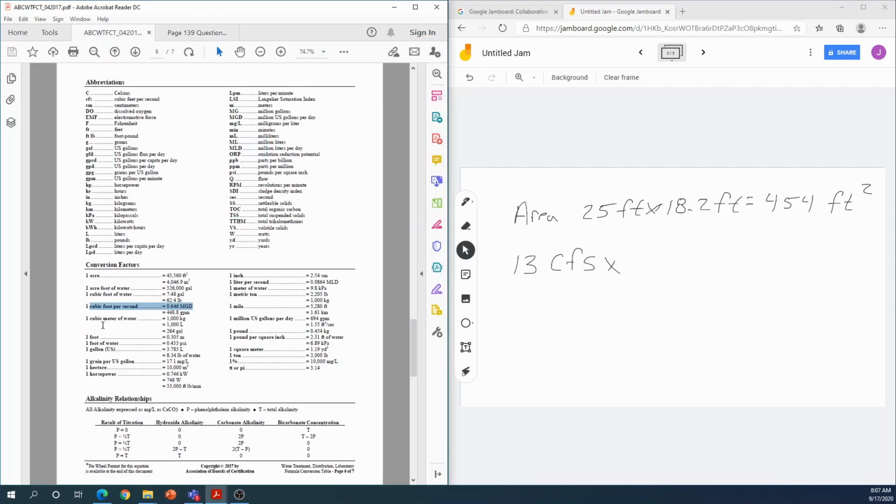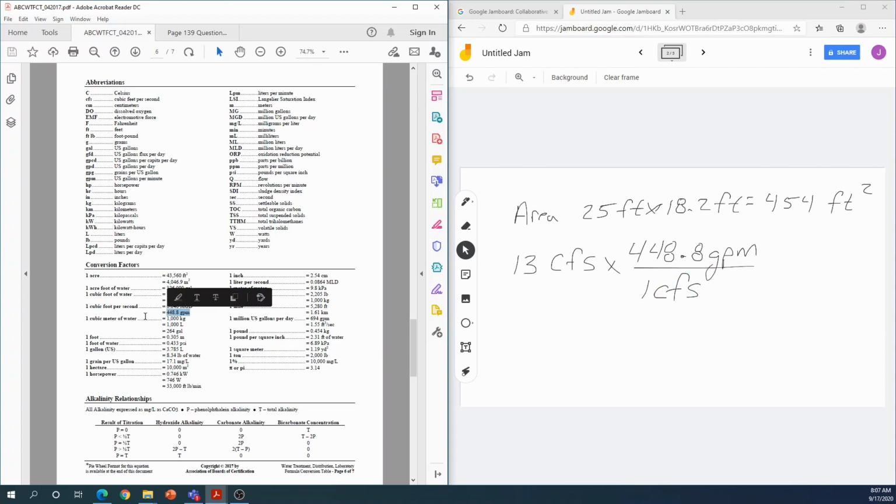Now if we look at our cheat sheet, we know that 1 cubic foot per second is 448.8 gallons per minute. So 13 cubic feet per second times 448.8 gallons per minute per CFS.